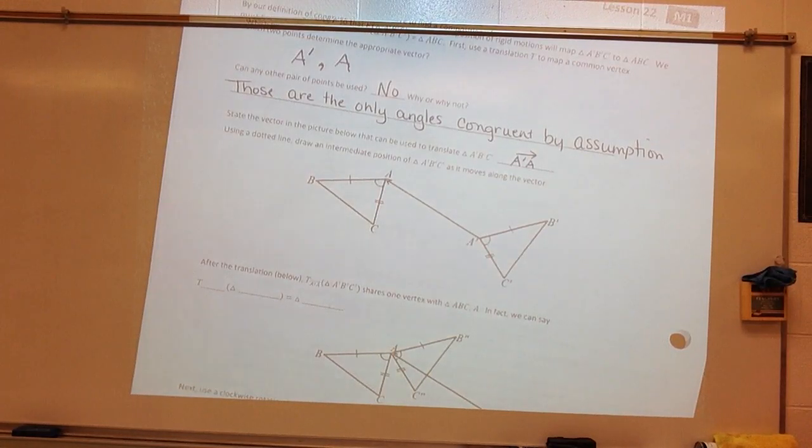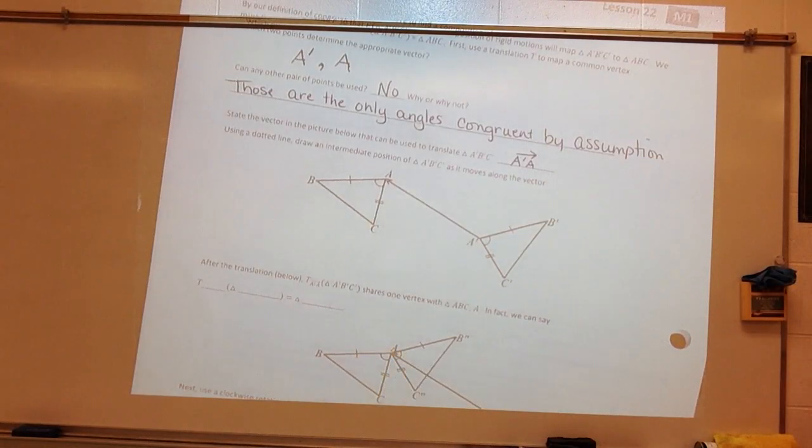That is what a vector is looking at. Using a dotted line, draw an immediate position of A prime, B prime, C prime as it moves along the vector. All right, so it wants to know what's going to happen.